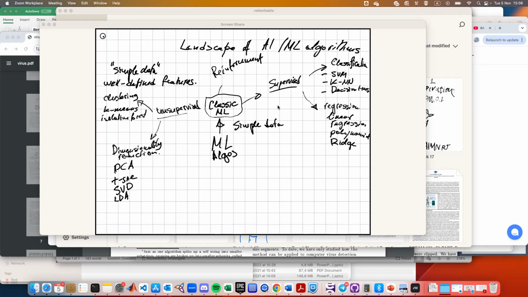But let's now think about complex data, the case of no obvious features. Here we talk about artificial neural networks.